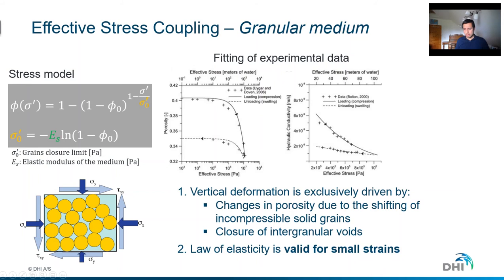Let's go back to the first definition. An increase of effective stresses basically means that we are reducing the pore pressure in the system. Significant reductions of the pore pressure will modify the grains in the material and will tend to close the porosity and therefore also decrease the conductivity in the system. This law of elasticity is also valid for small strains.